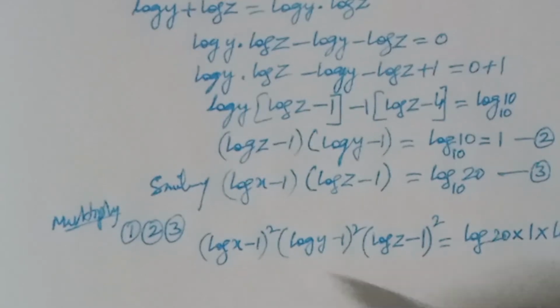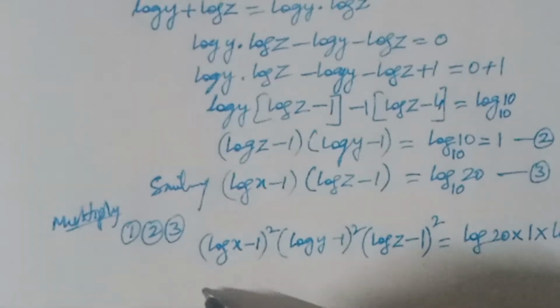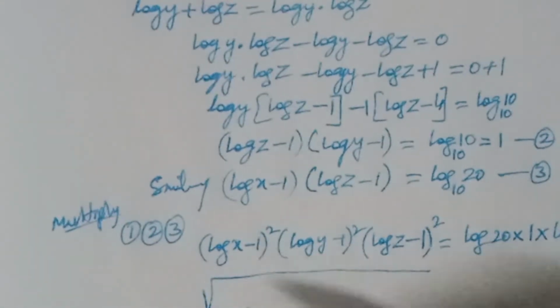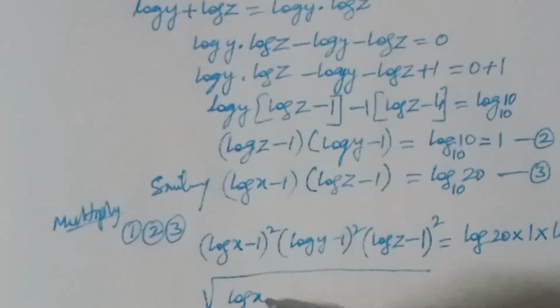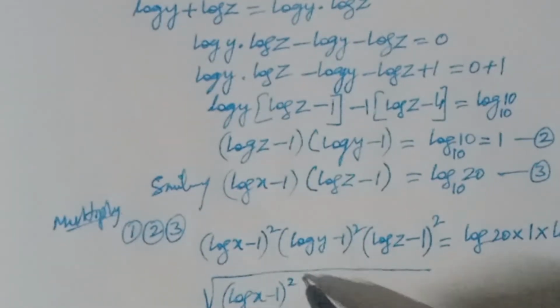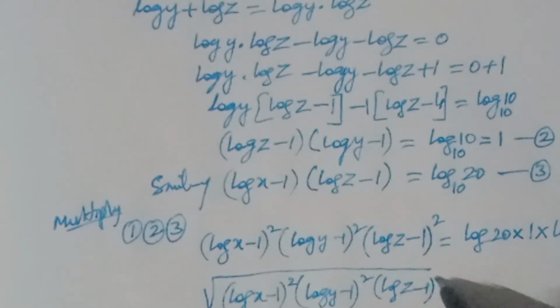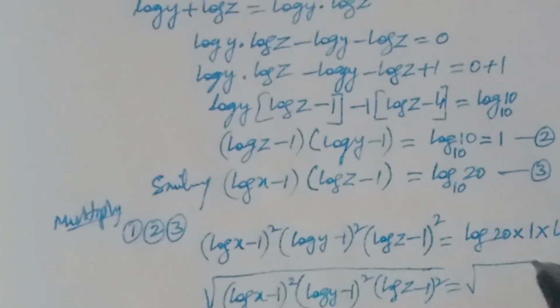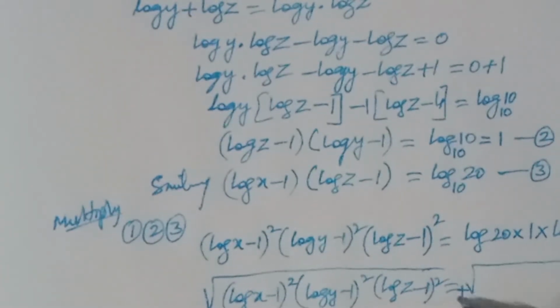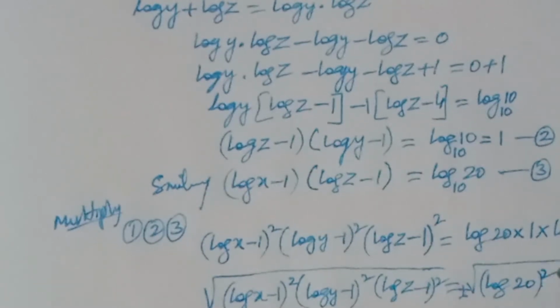Now if you take the square root of these values, taking square root of (log x minus 1) whole square, (log y minus 1) whole square, (log z minus 1) whole square is equal to, square root means here you'll get plus or minus log 20 whole square.